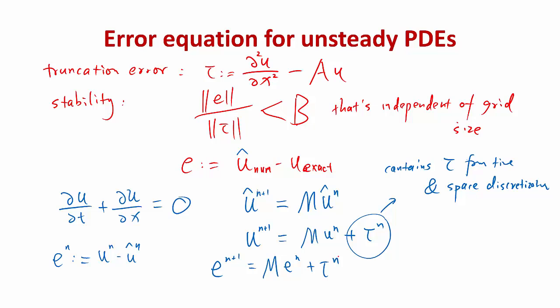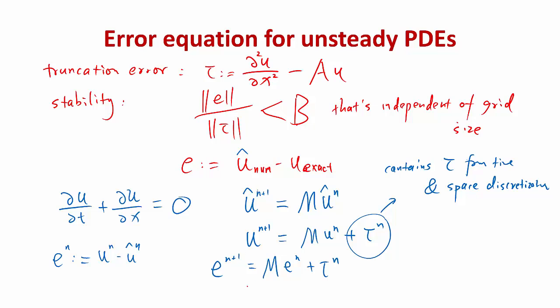Okay, every time we advance to the next time step, the previous solution error is carried over, multiplied by the evolution matrix M, and M is the discrete evolution matrix, and then added up with the truncation error introduced in the current time step. So the solution error at time step n is really like an accumulation of the solution error.